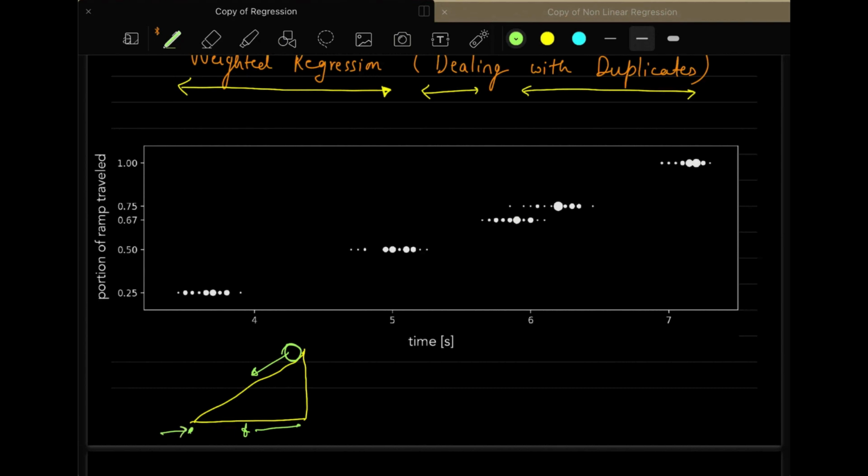You are doing an experimental study to measure gravity, something like that. You are rolling the ball and calculating the time it takes to reach the end.